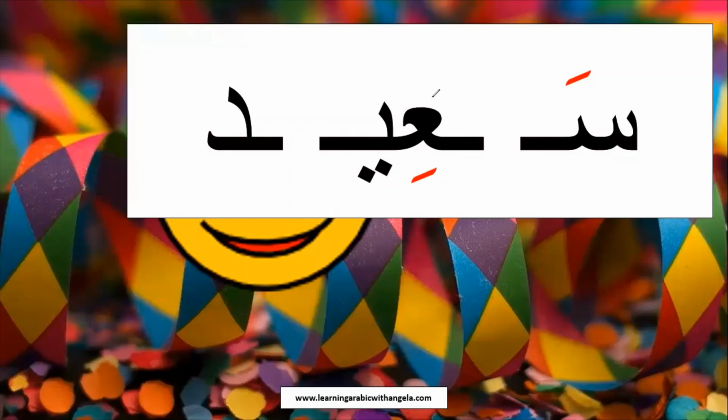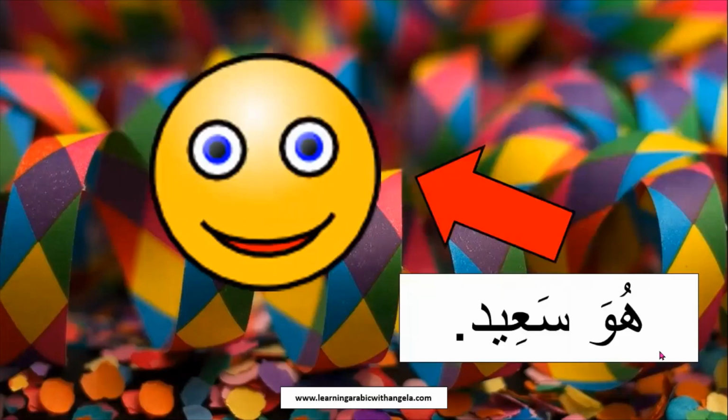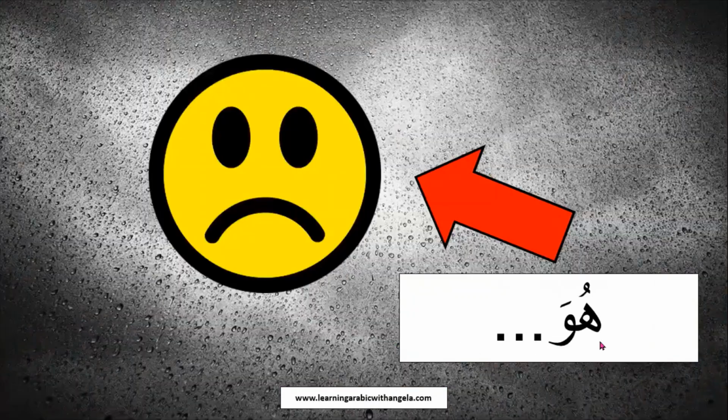This is the ayn in the middle position, and the ending position is going to take this sort of inverted triangular shape. سعيد. He is happy. هو سعيد. هو he's sad or upset.